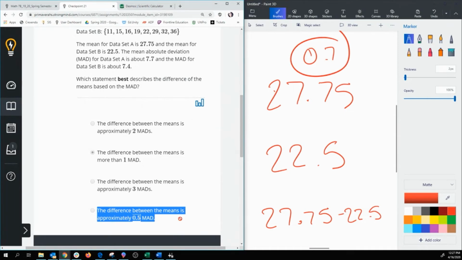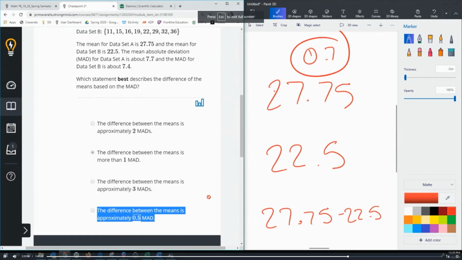So the difference between the means is approximately 0.5. I think this was one of the problems that we went over in the last workbook. So 21.1 from earlier. This is like one of those.